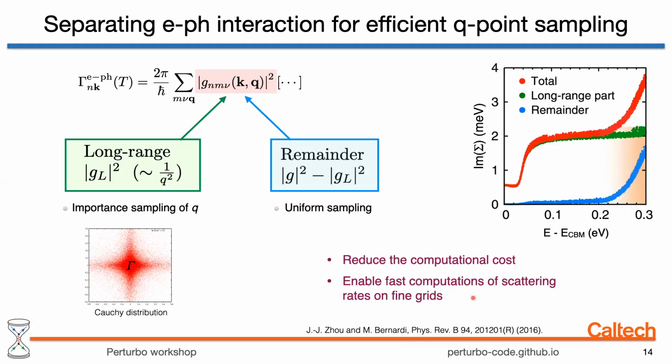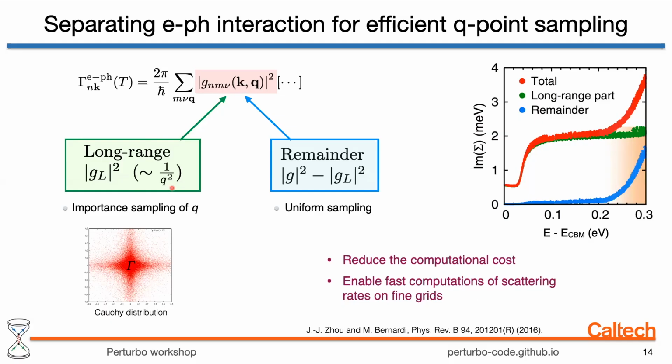So coming back to this point about q sampling, as both Marco and David talked about, this electron-phonon interaction, especially in polar materials, has a long-range part and a remaining short-range part. And as they both mentioned, the long-range part goes as 1 over q, I think this should be 1 over q as opposed to q squared, so I'm sorry for that.